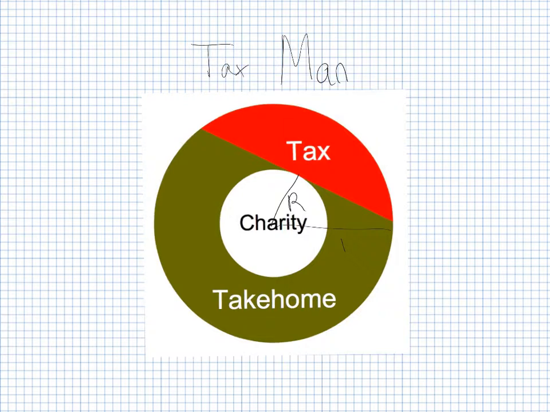And then it goes up a little and then it goes down, and when charity is all of it, you get 0.